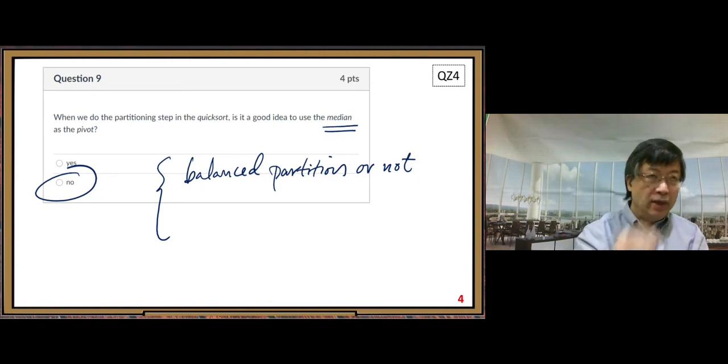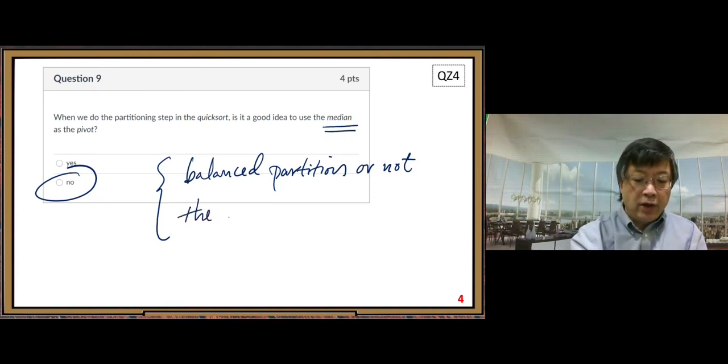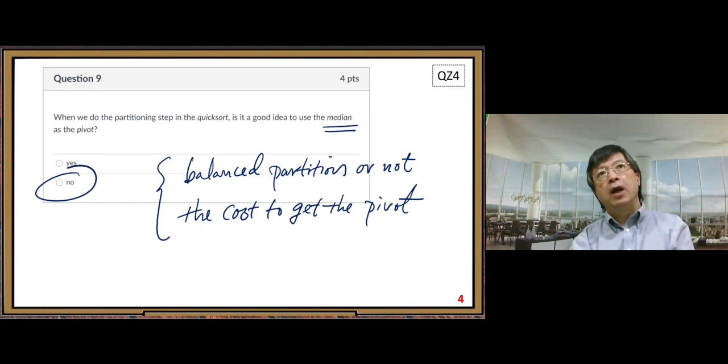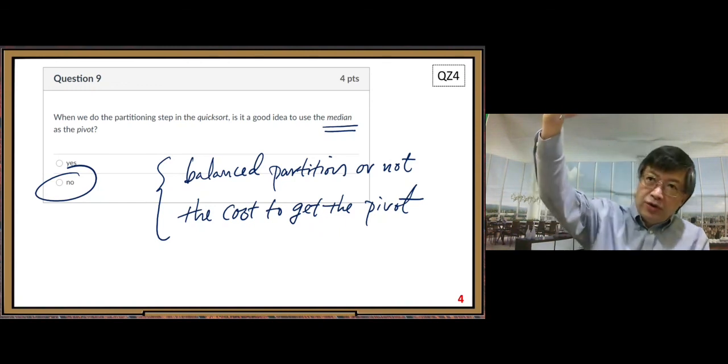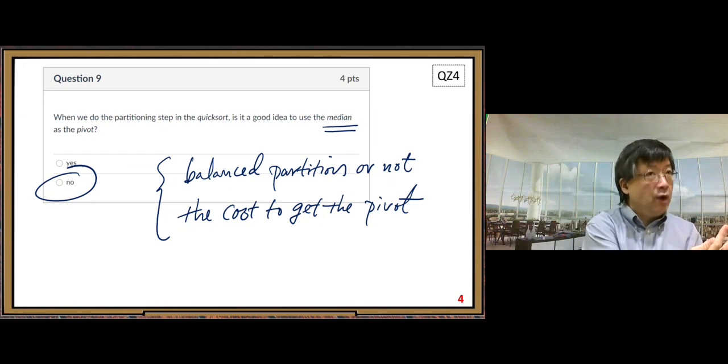The second factor, also very important, is the cost to get the pivot element. That factor also needs to be factored into your total cost.